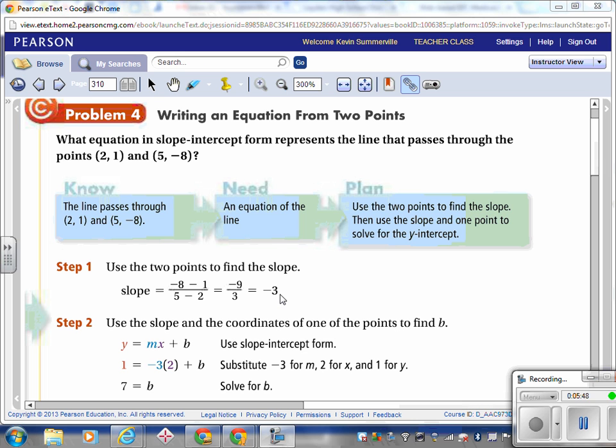They then took the negative 3 and substituted it in for m in the slope-intercept formula. As you look at the right, it says use slope-intercept form, substitute negative 3 for m, 2 for x, and 1 for y.